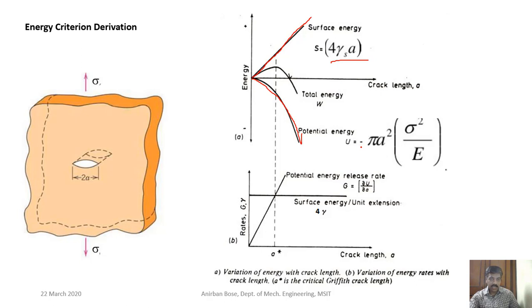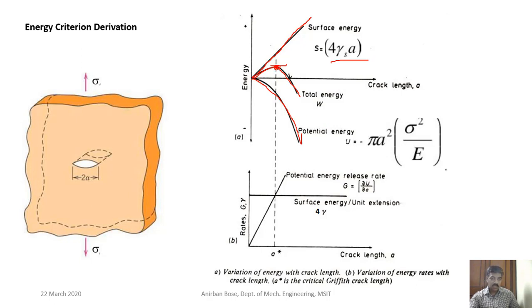Remember, this is a negative quantity and this is a positive quantity. Okay, so this plus this, if you draw that graph, you will find this is the resultant change of energy, and here you can see that is the maximum. So this is the critical point.